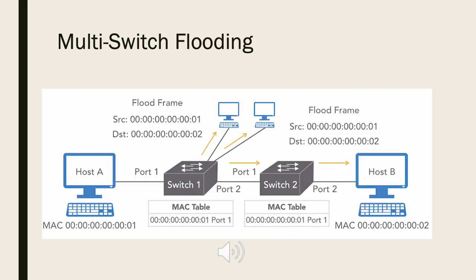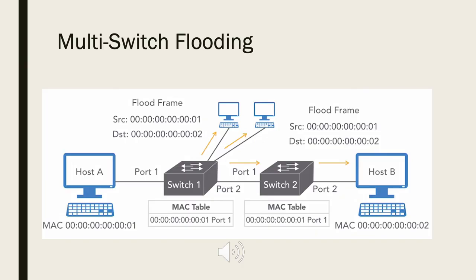Since the MAC table is currently empty, the switch will employ a technique known as flooding. Flooding a frame means the switch will send it out every port save for the one it entered from. In this example, host B receives the frame and responds back to the original sender.